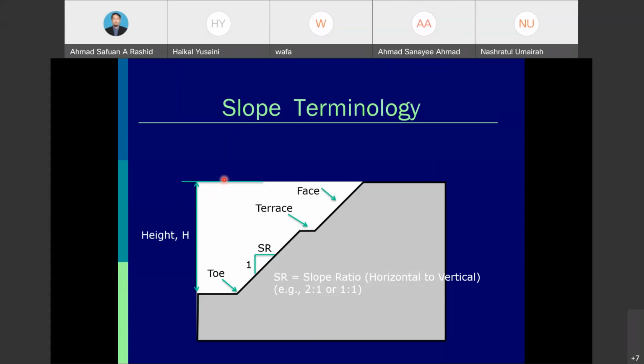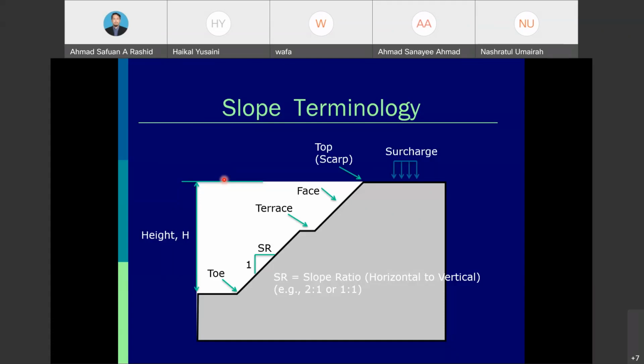Then this is the surface or face, slope surface or slope face. The top or crest is the top of the slope. And they will apply a surcharge, for instance, if they want to construct any development on the top of the slope.